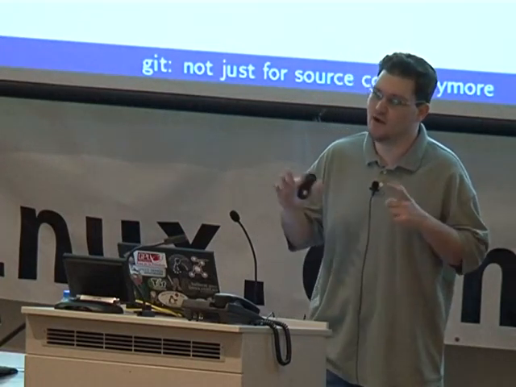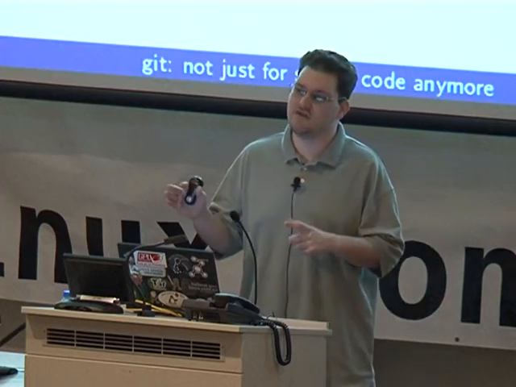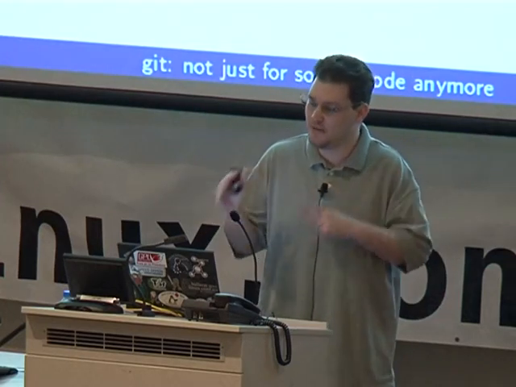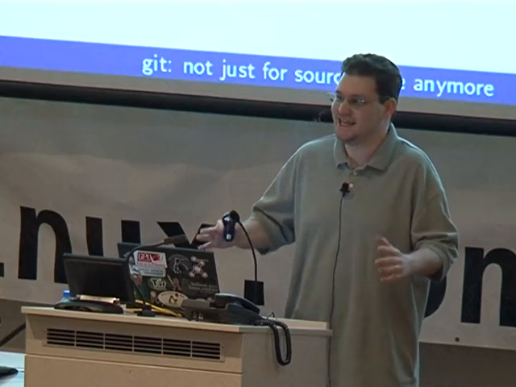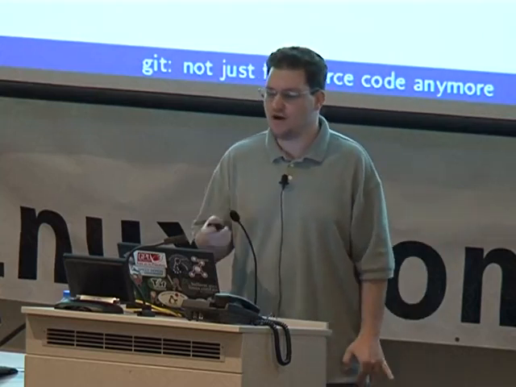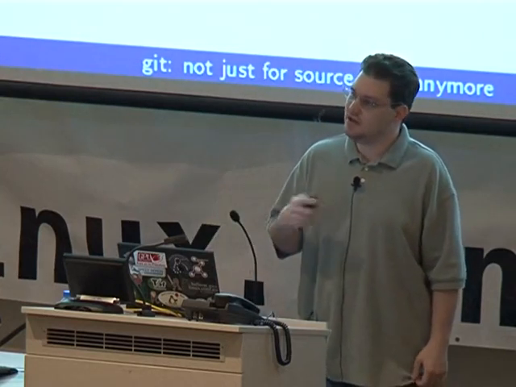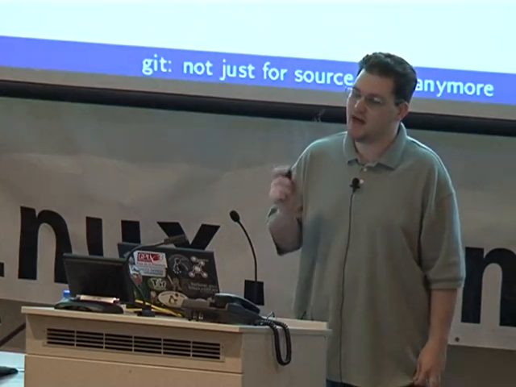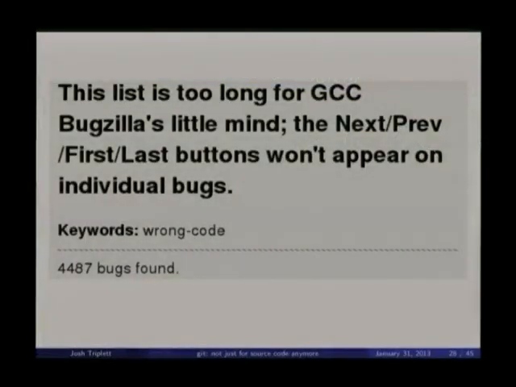So this is where you get a crazy bug, and it's that 1 in 100 times when it's really not your code, it's the compiler. That kind of gives you the shivers. So I did a search for that actually about a year ago, and what I got was that lovely Bugzilla error message. 4,487 bugs found. That's a little scary.